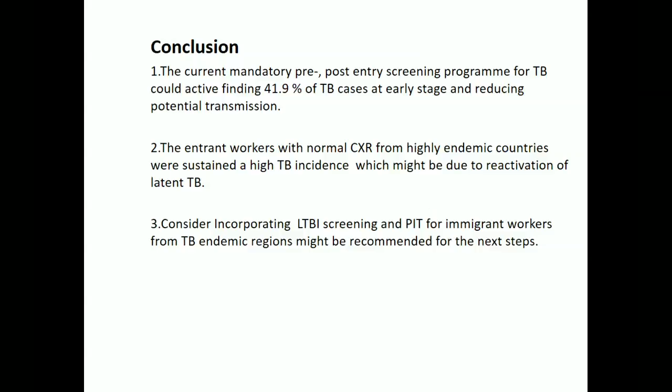Just wondering, have you calculated the incidence of those that were free from TB at the first screening? Because in effect, if I understand correctly, you have a cohort of migrants entering, you screen them at entry, and those that are negative, you can follow through the registers, right? So have you calculated what is the incidence in different groups, and does it correspond to the estimate in their home countries?